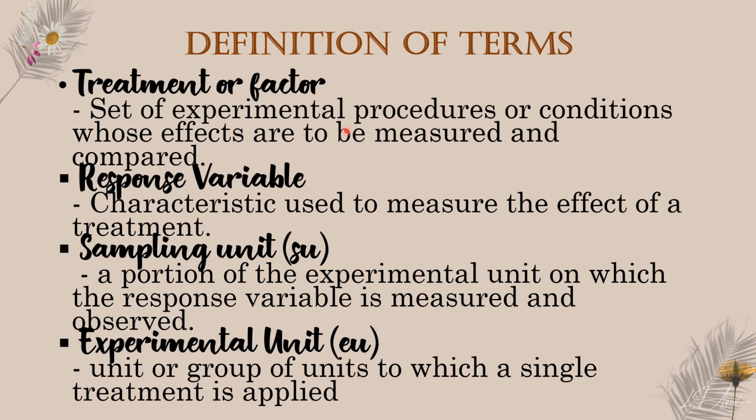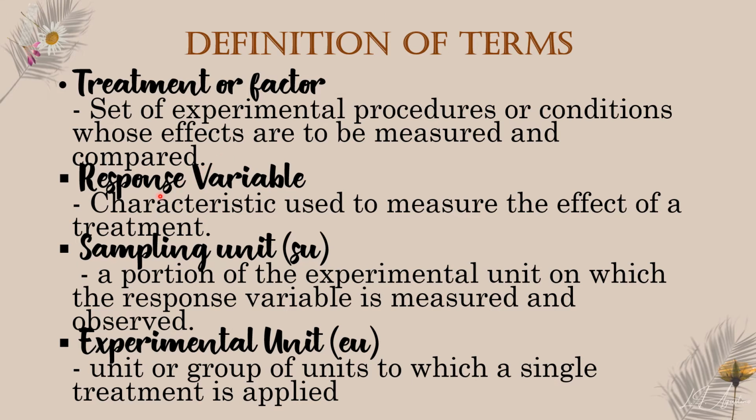Now let's define some terms again. Treatment or factor is a set of experimental procedures or conditions whose effects are to be measured and compared. From the word itself, it is what you want to compare in your study.